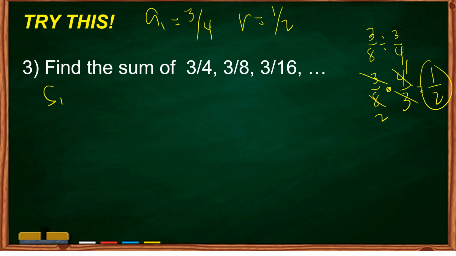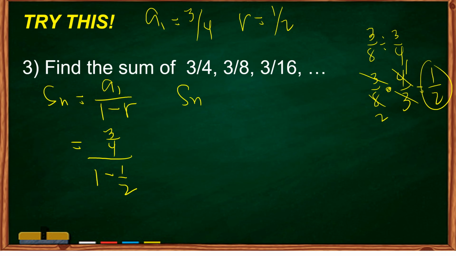So the formula is S of n equals the first term over 1 minus common ratio. So first term is 3/4 all over 1 minus 1/2. So S of n equals 3/4 over 1/2 because 1 minus 1/2 is 1/2. And then you just get the reciprocal of the denominator and we proceed to multiplication. So copy 3/4 times 2 over 1 or simply 2.